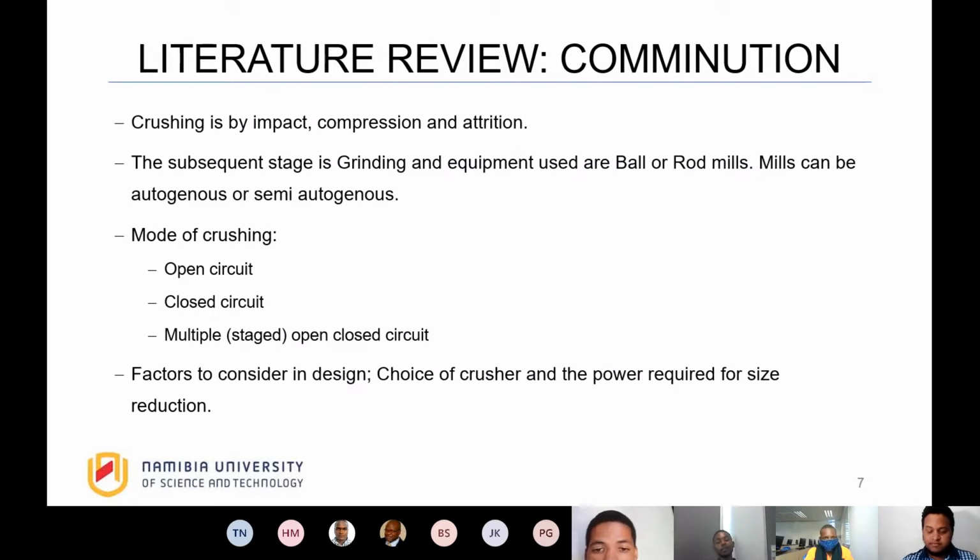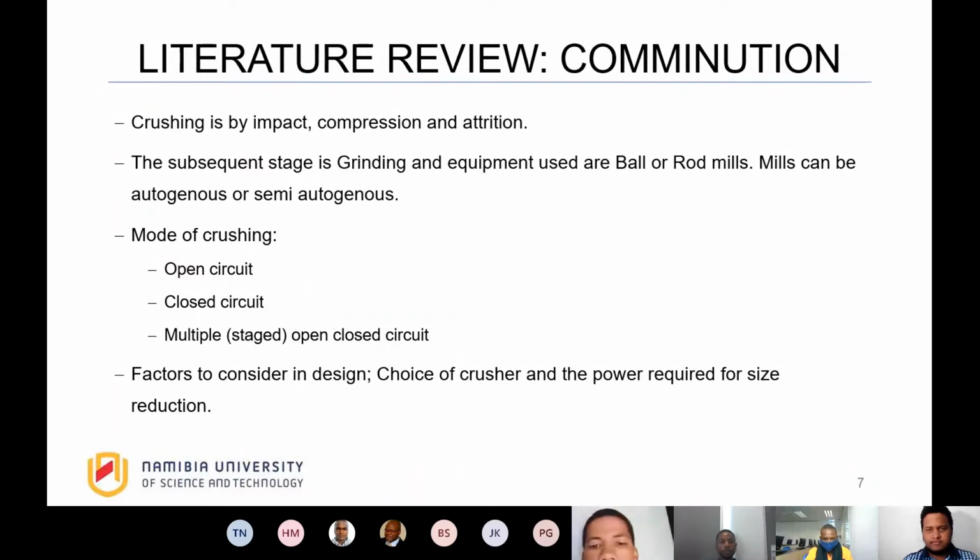The crushing mechanism is usually impact, compression, and attrition. Attrition is not really that much crushing, but when attrition is the main means of size reduction, it would be a mill. I'm not going into details on the mills because I don't think they will be used in this process.